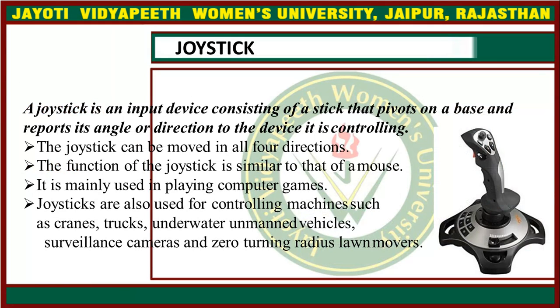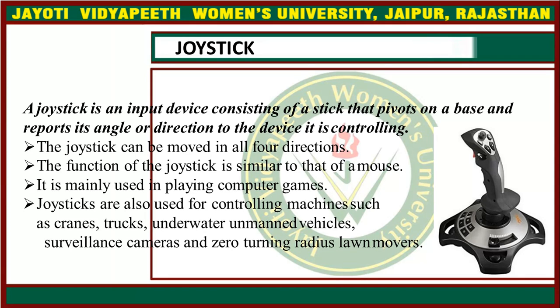Now the joystick. A joystick is an input device consisting of a stick that pivots on a base and reports its angle or direction to the device it is controlling. As you see in this figure, the joystick can be moved in all four directions.